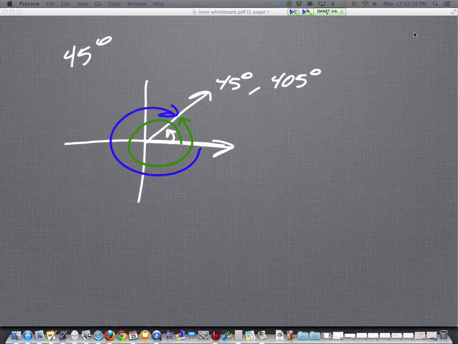Negative 315. So I end up with my original angle is 45. A positive coterminal angle would be 405, and a negative coterminal angle would be negative 315.